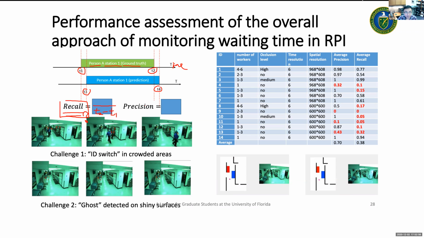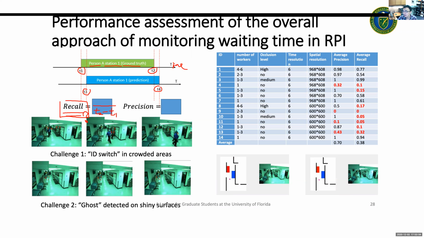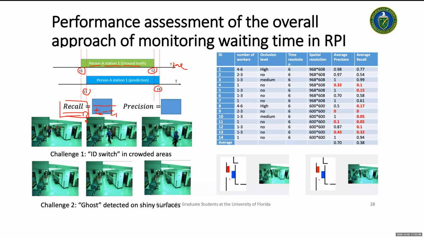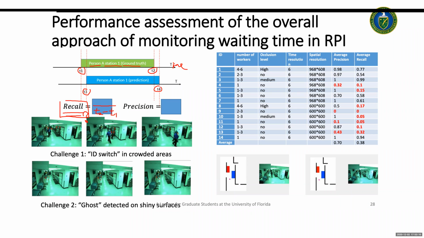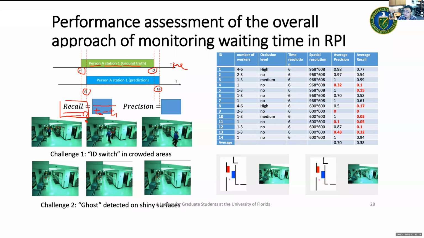All right. Then which portion of my prediction captures that correctly? Anybody? Let's say, is that T4 minus T3?